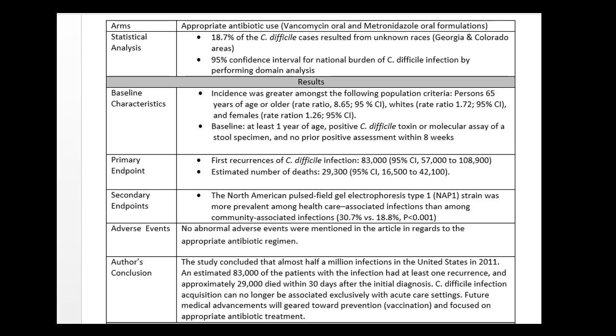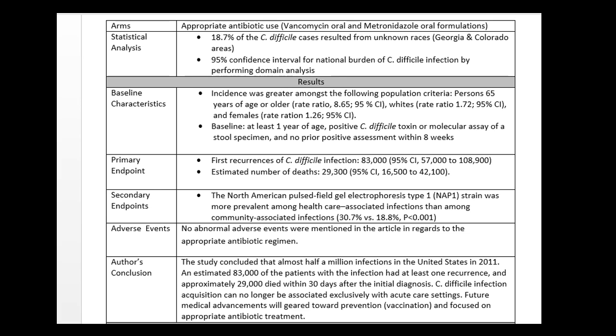And then after they did that, they grouped them into different groups based on that test, and they were identified by using the NAAT test that I talked about before.